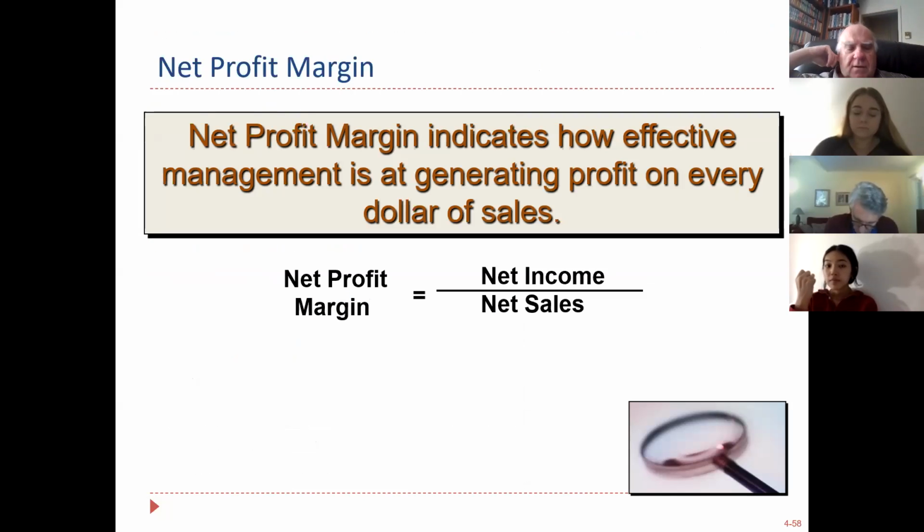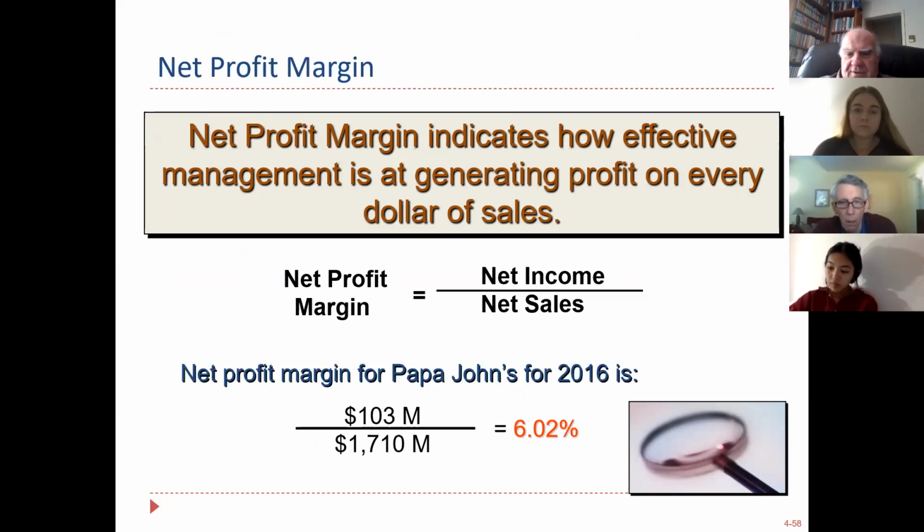Net margin. Here we're starting to get into a little bit about analyzing a financial statement, huh? Net margin, how effective management is at generating profit? If you take your net income and divide it by the sales, you're going to get a number. So let's look at Papa John's.